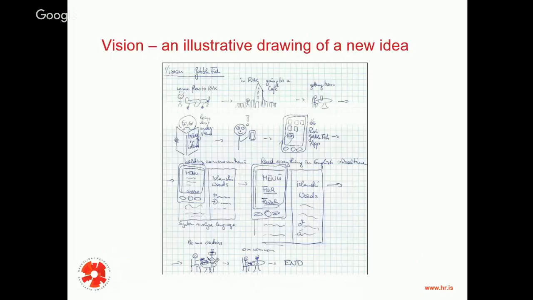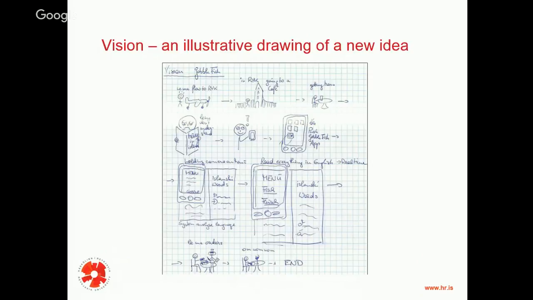These were students in 2012 that made this. And I have to tell you that Google Translate was not online at this moment. So this was more original back then than it is now. They had this vision for a system called Gobblefish.